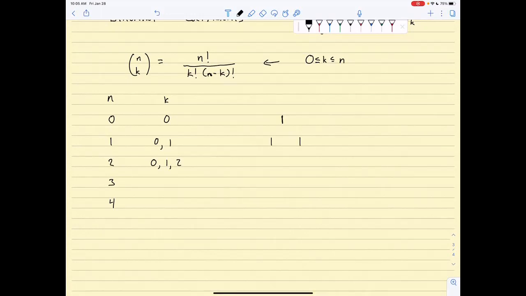Actually, whenever k is 0, you'll get 1. And whenever k is equal to n, you get n factorial over n factorial times 0 factorial. That's always going to be 1. However, here, let's just calculate 2 choose 1. It's going to be 2 factorial over 1 factorial times 1 factorial. That's 2.